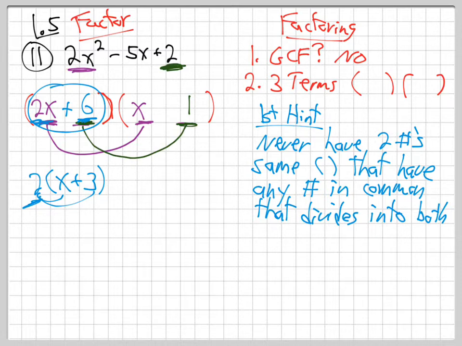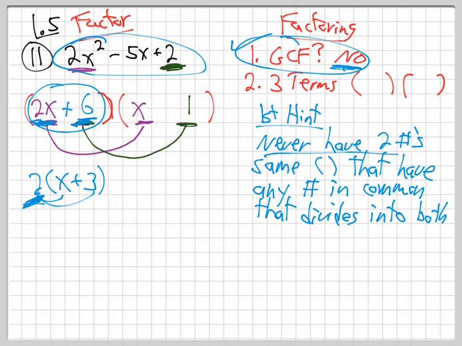We already looked at step number 1 and found out there's nothing in common, right? There's no number that goes into all those numbers. So there's no way there could be a common element showing up later. So you're never going to have 2 numbers in the same parenthesis that have anything in common, because you already checked the GCF in step number 1.